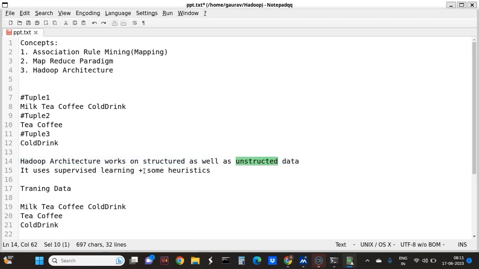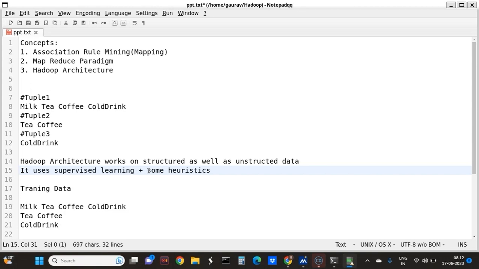It uses supervised learning, so it has to have some input patterns and some heuristics. One example of heuristics is for the Android version. Suppose I need to find out how many persons who have Lollipop installed also have Marshmallow installed in another device. For that we will just alphabetically search.